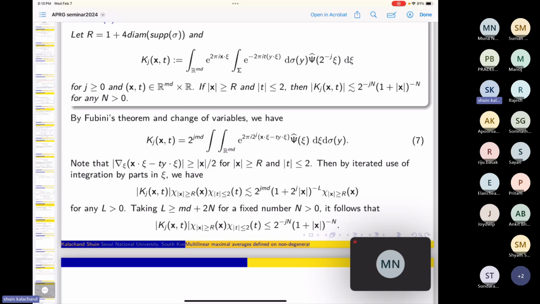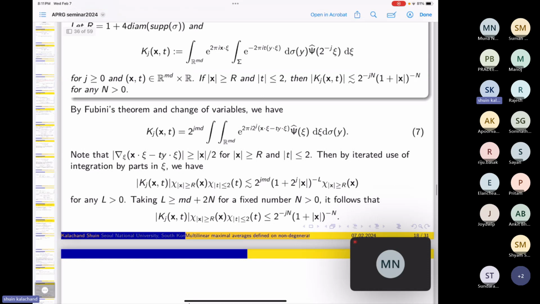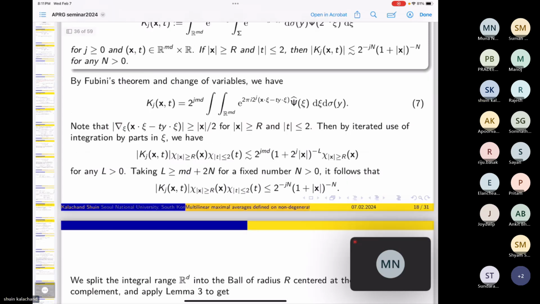Also t is less than or equal to 2. So this is a finite number, and we are considering |x| to be greater than or equal to R. Therefore the modulus of the gradient of this function is greater than or equal to |x|/2 when |x| is greater than or equal to R. Therefore, using the iterated integration by parts formula, we have this inequality.